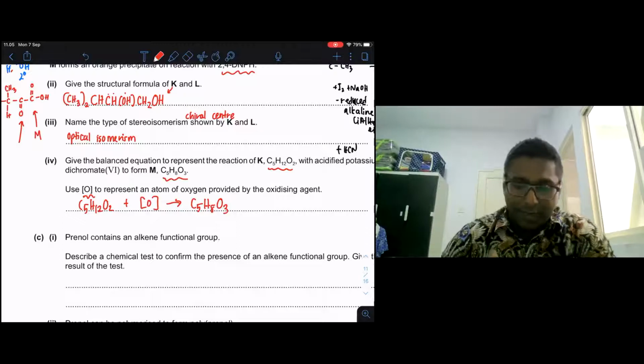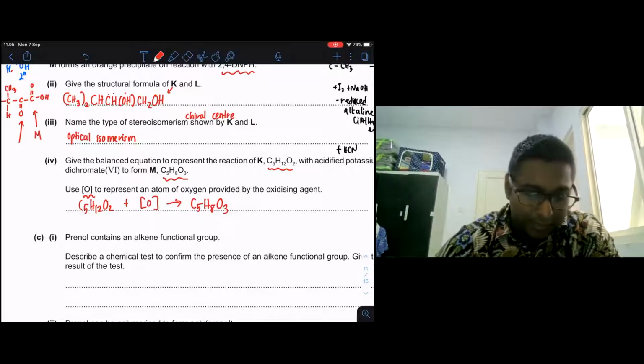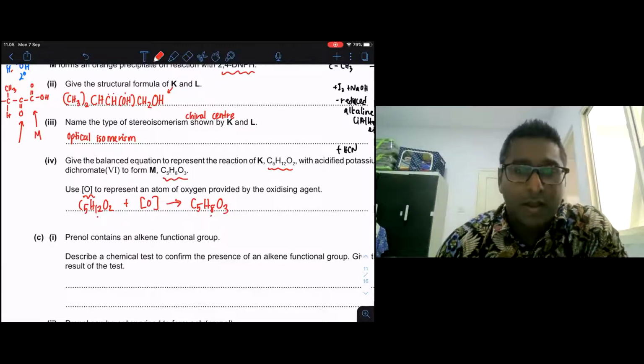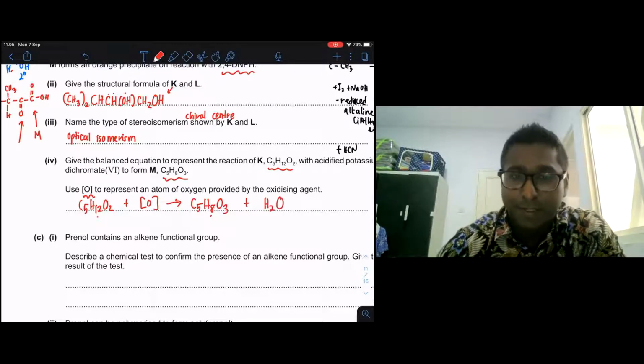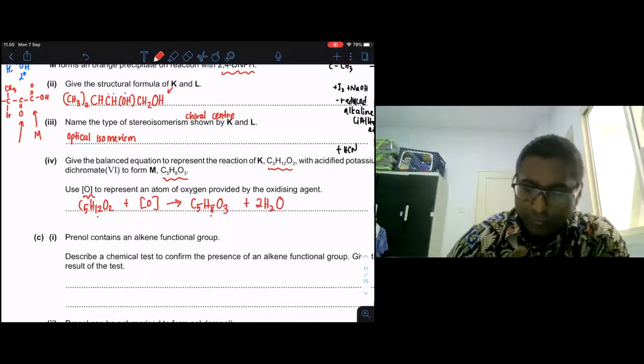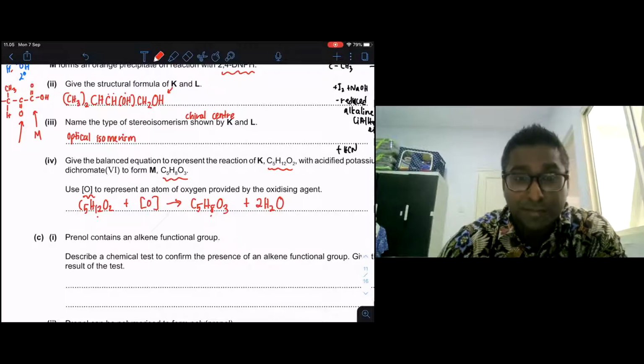In order to solve this, the easiest method is to look at the hydrogen, 12 and 8. Of course, you need another 4 hydrogen. This 4 hydrogen comes in the form of water. So you need to put 2, so that the 4 hydrogen is balanced.